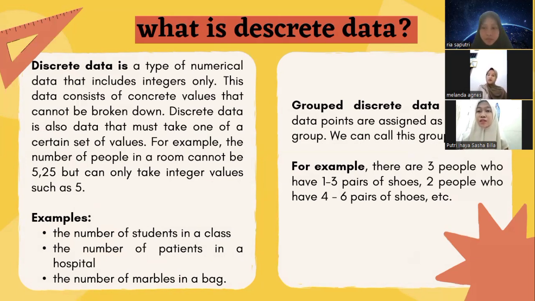Next, group discrete data is where data points are assigned as values in a group. We can call this group a class. For example, there are 3 people who have 1 to 3 pairs of shoes, 2 people who have 4 to 6 pairs of shoes.